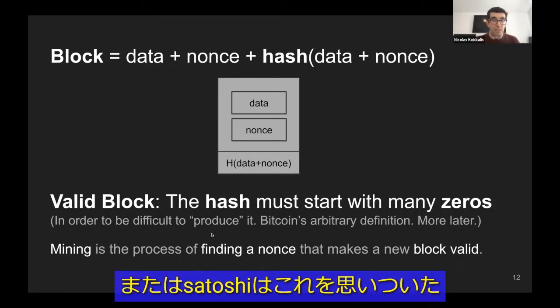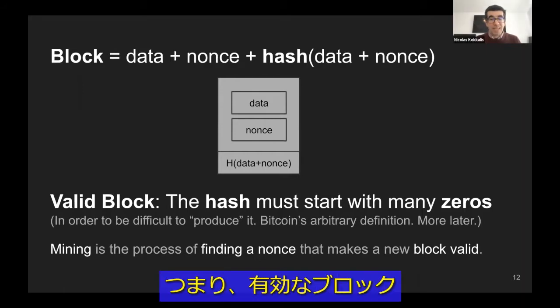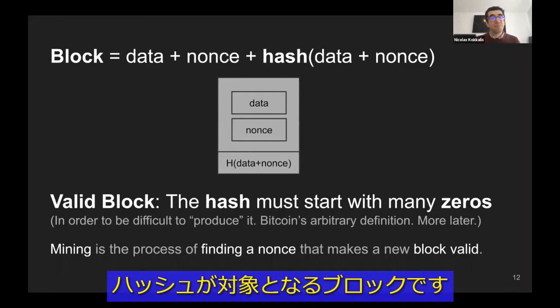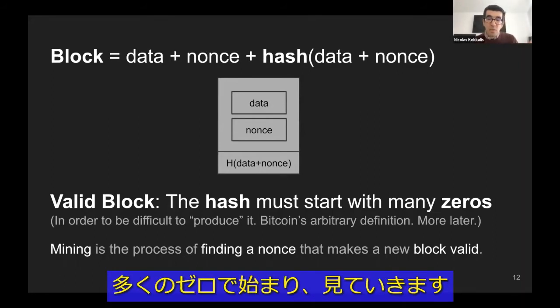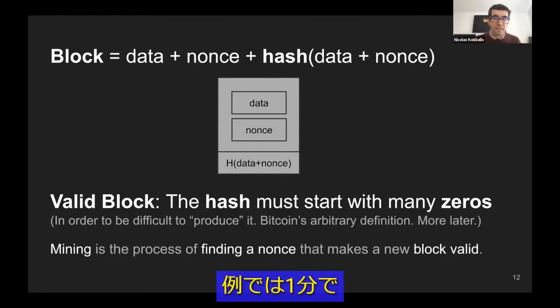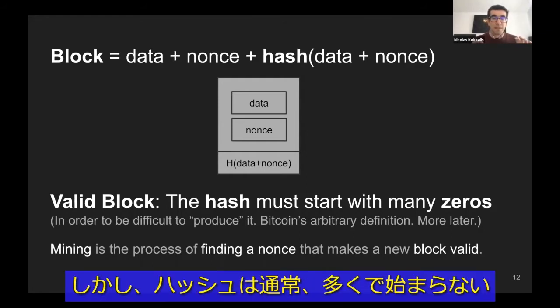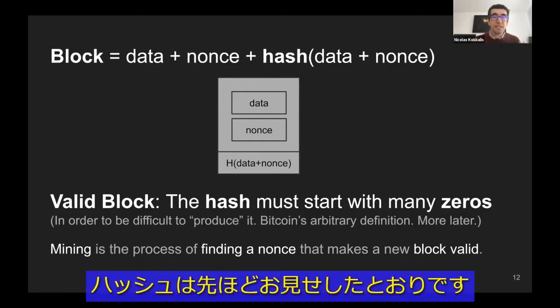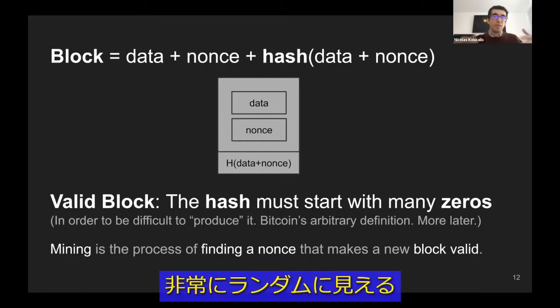So now Bitcoin, or Satoshi, came up with this arbitrary definition that says that a valid block is a block for which the hash starts with many zeros. We'll look at that in a minute in the example. But hashes usually don't start with many zeros. Hashes, as I showed you earlier, look very random.